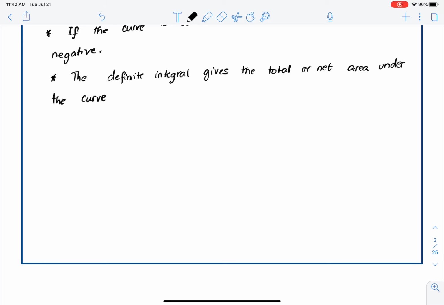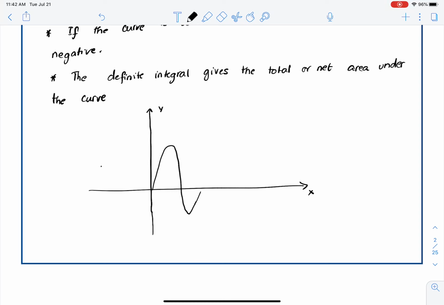using a graph. Suppose we have a curve of that sort, and this is the function f of x, and we want to find the integral from a to b of f of x dx.